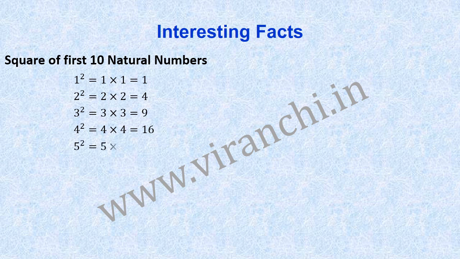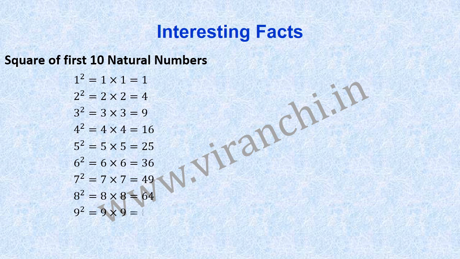Square of 5 is 5 multiplied with itself, which is 25. Square of 6 is 36. For 7, it's 49. For 8, it is 64. Square of 9 is 81. And the square of 10 is 10 multiplied with itself, that is 100. This is how the squares of first 10 natural numbers would look like.